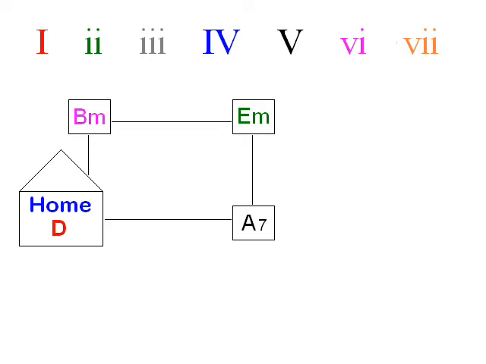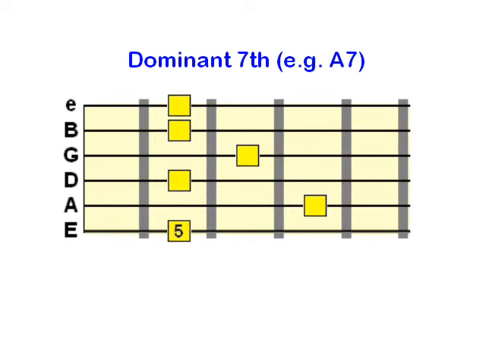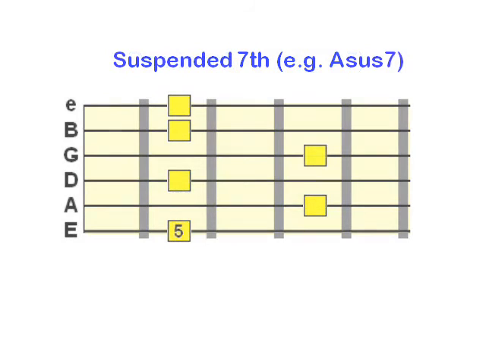Here are some examples. Dominant 7th, suspended 7th. This is often used just before changing to a dominant 7th as follows.